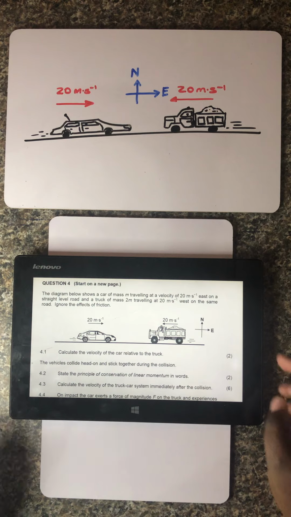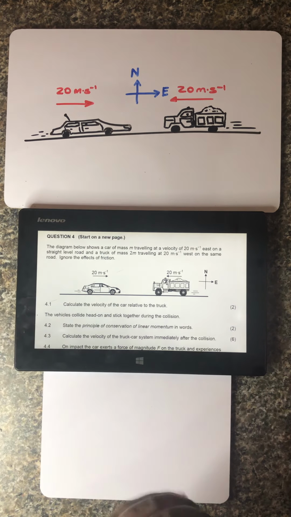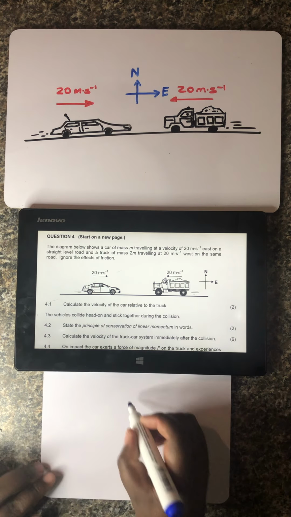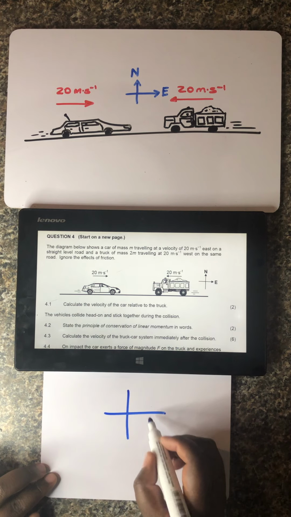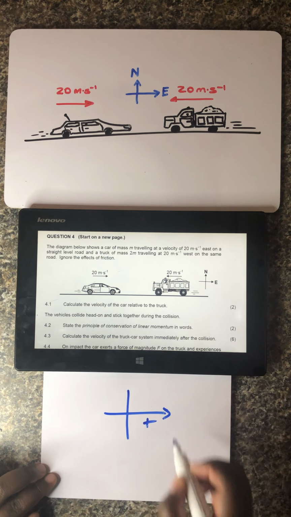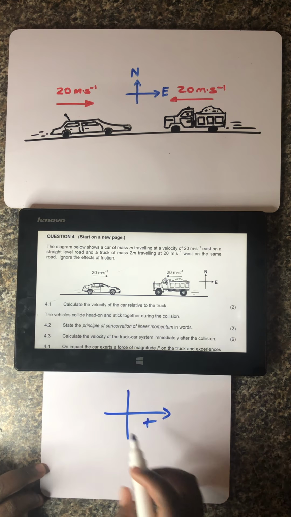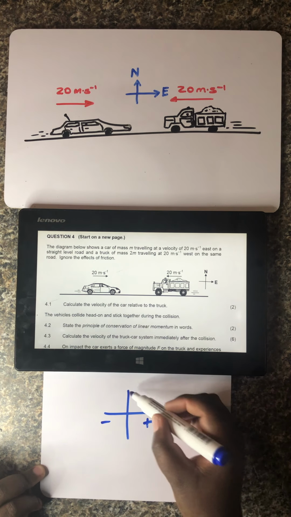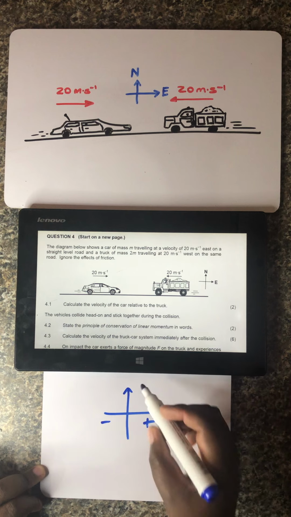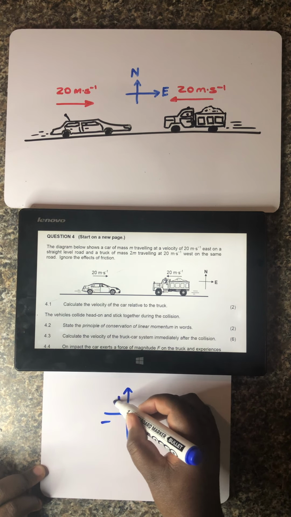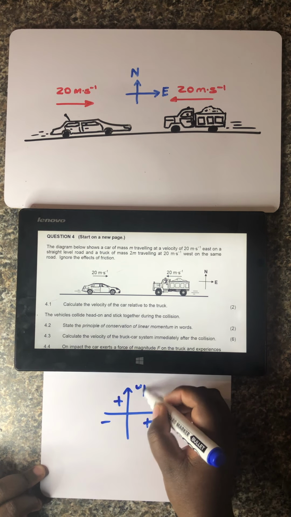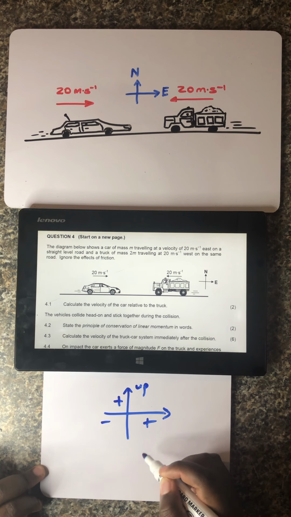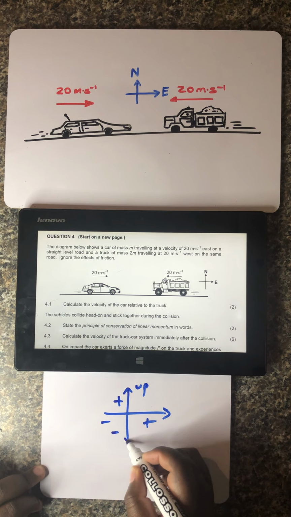It's based on the fact that when you draw a Cartesian plane, the x-axis has the positive side on the right and the negative side on the left. Also for objects moving up and down, up is mostly taken as positive and down as negative.